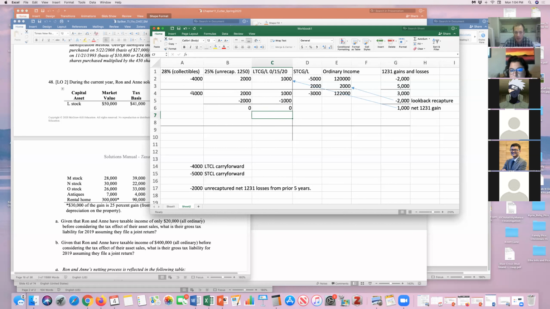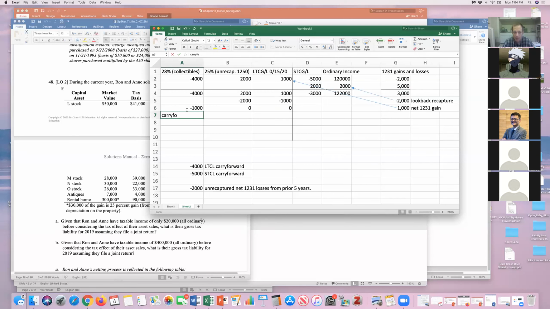And so at that point, I can actually take that 1,000 and put it here, except I don't have a gain here. So I'm just going to finish with 1,000 here, and this is going to become a carry forward for now, I think. I may have gone in too deep here.